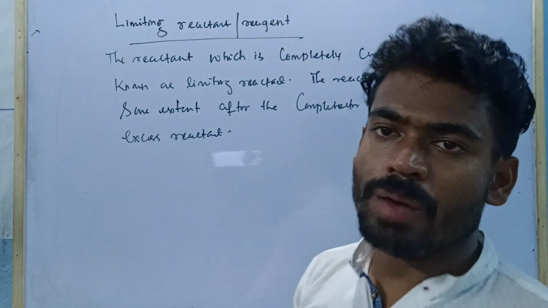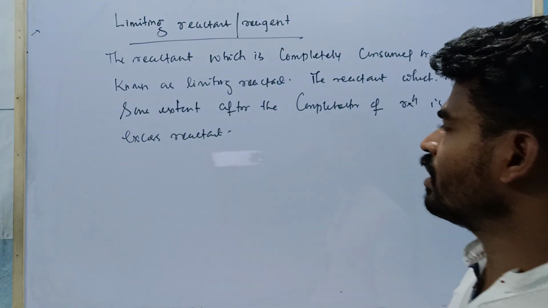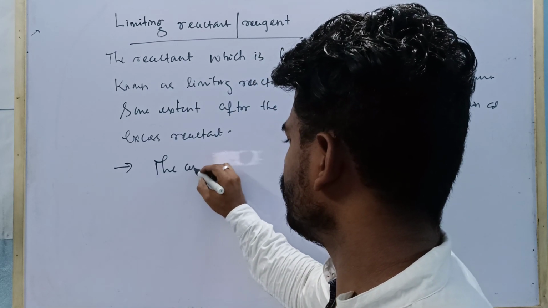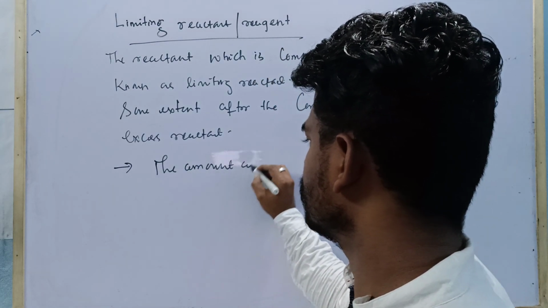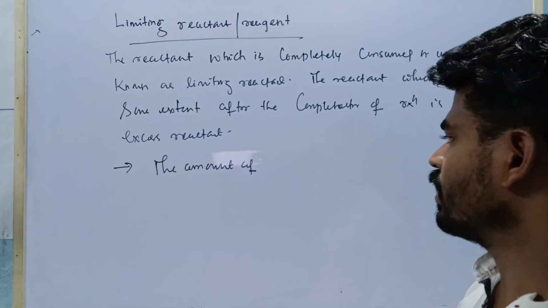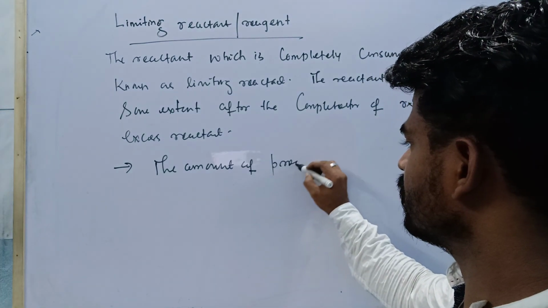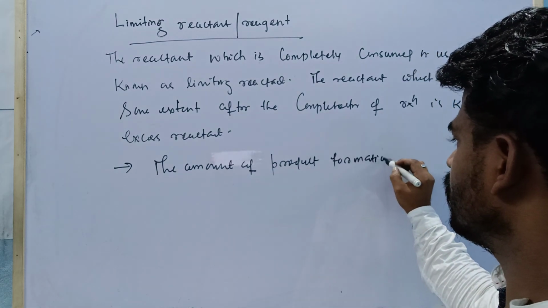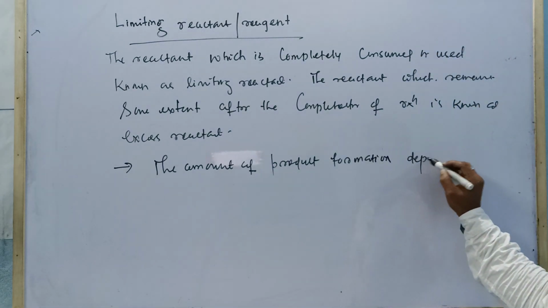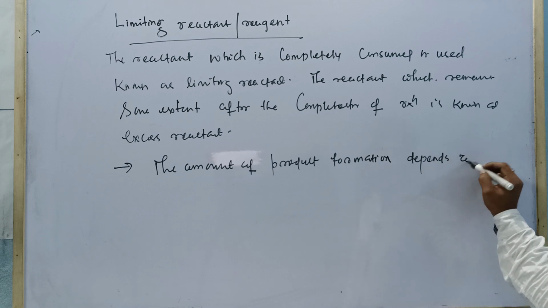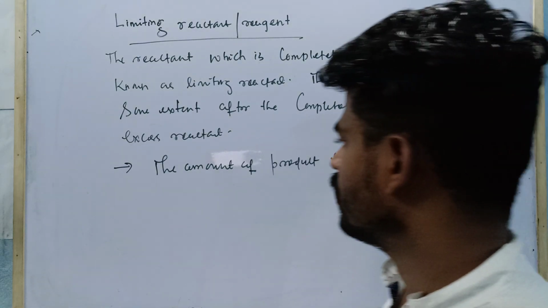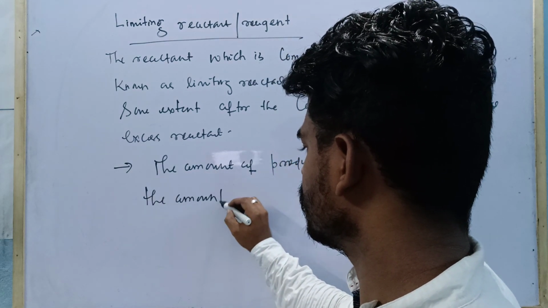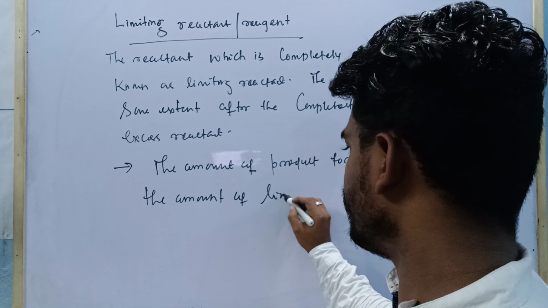Okay, so the amount of product depends upon the limiting reactant. Very important, you just remember over here, the amount of product formation depends upon the amount of limiting reactant.